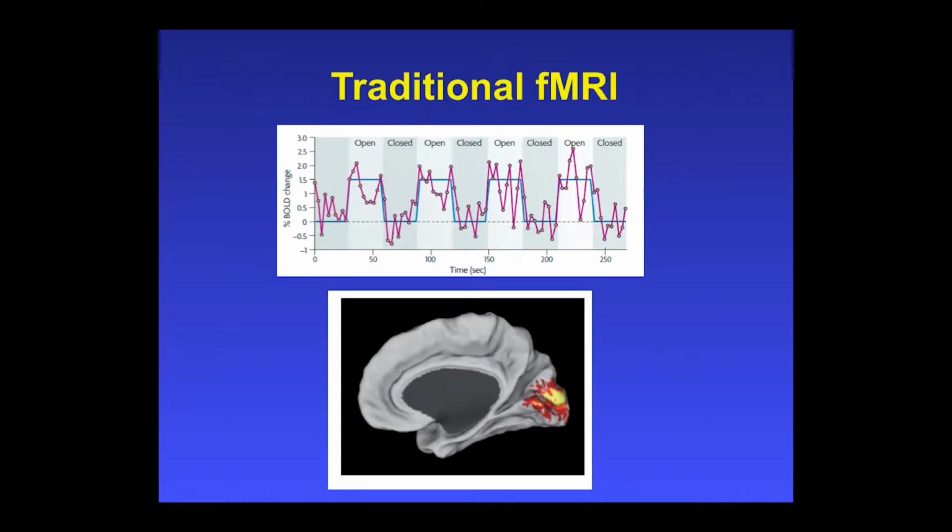So in this case, what I'm showing here is someone going into the MRI scanner and they open their eyes and then they close their eyes, over and over again. We do some selective averaging of the signal that comes out of the MRI scanner. And then what we're able to see is parts of the brain that are active when your eyes are open versus when your eyes are closed.